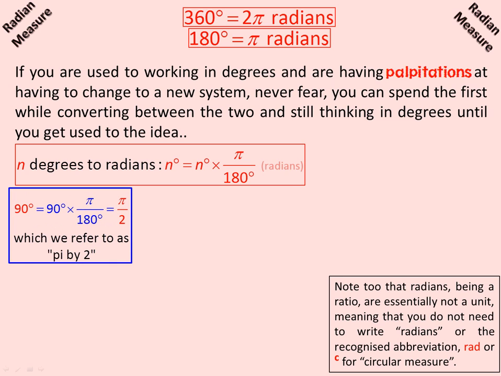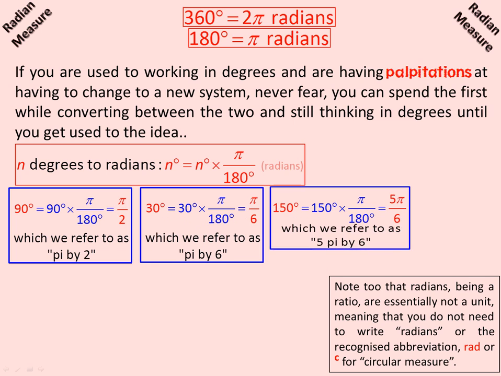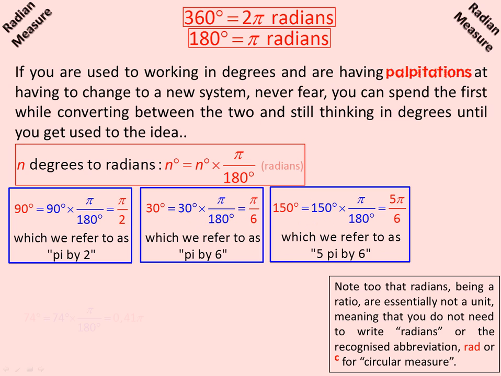So in fact, 90 degrees, we take 90 and multiply by pi over 180, and we get pi over 2. Pi divided by 2, which we refer to as pi by 2. 30 degrees, well, 30 into 180 gives 6, so pi by 6. 150 degrees, 30 cancels into both, 5, 6, so 5 pi by 6.